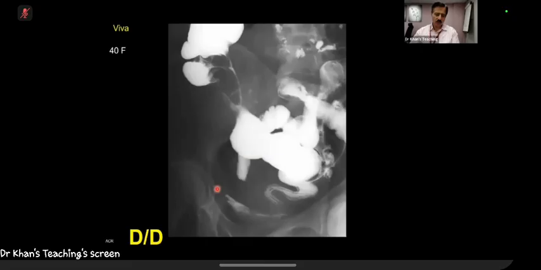You have picked this up very well, where you noticed that there is contrast in the urinary bladder where there should not have been any contrast, and then you can see a faint outline there. Please remember, you can infer that there must be a fistula.